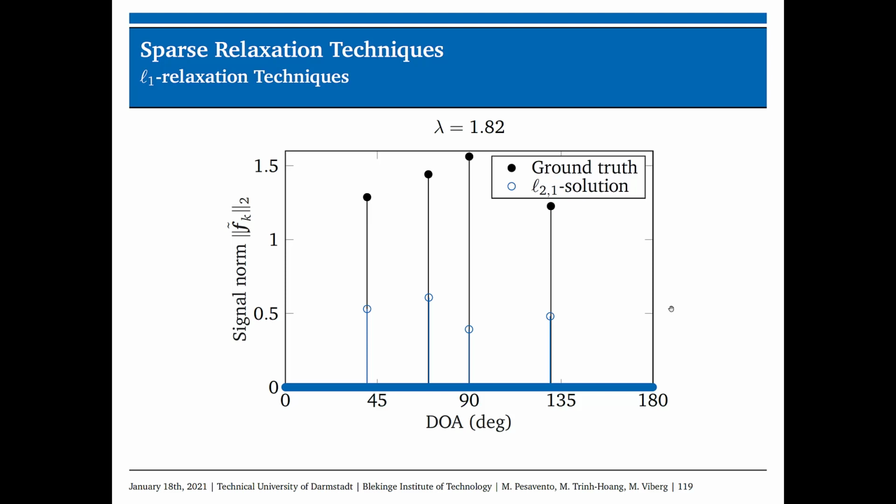For example, if the value of the regularization parameter lambda is large, it introduces a bias in the solution as it puts high emphasis on the sparsity regularization and less emphasis on the data-dependent matching term. And this results generally in a bias.